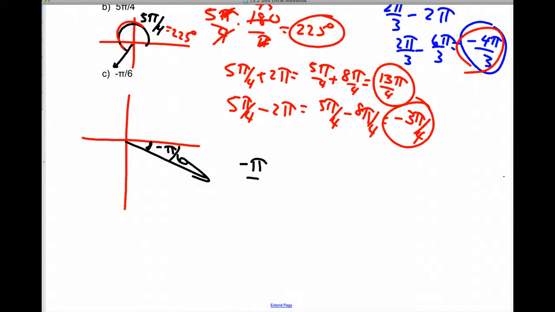Well, you just got to keep in mind pi is basically 180. So you got negative pi over 6 times 180 over pi. Pi's cancel, and you got negative 180 over 6, negative 30 degrees. So I always think of pi as basically 180 degrees. You can replace it that way.